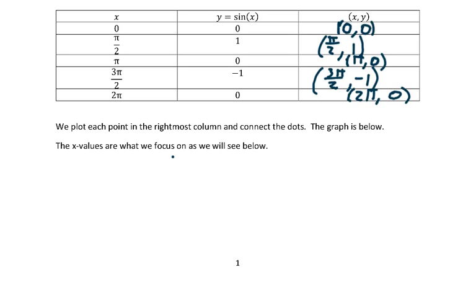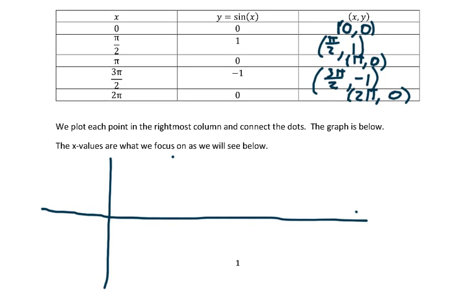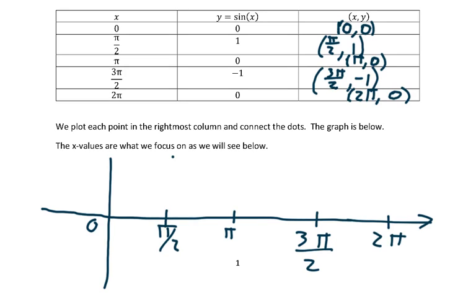Okay, so let's see if I can do that. Again, we're focusing on the interval from 0 to 2 pi. Here, pi, remember, is about 3.14, so we're only going to have an approximation, of course. See if I can make this a little bit nicer. Like so.